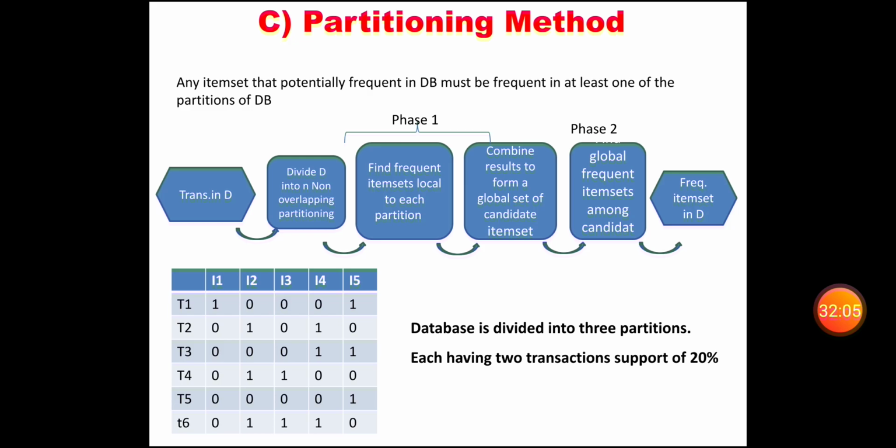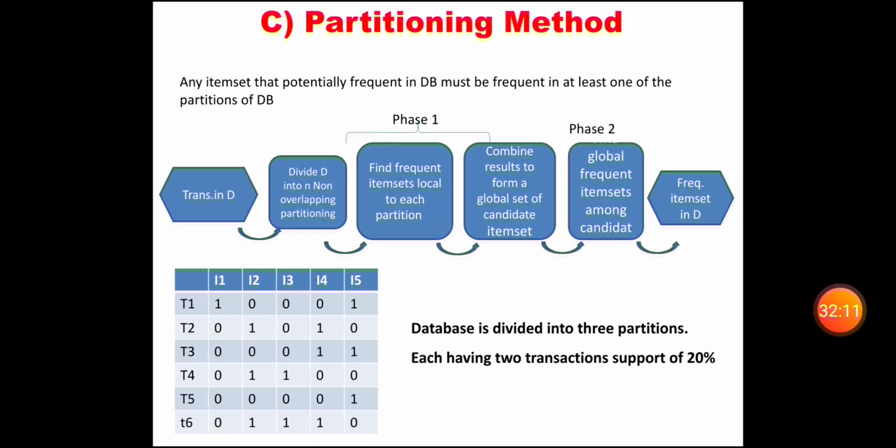There are 3 partitions. In the partition method, the base table is divided into 3 partitions. In the base table, we have 6 transactions: T1, T2, T3, T4, T5 and T6. The 3 partitions will take T1, T2, then T3, T4, and T5, T6.